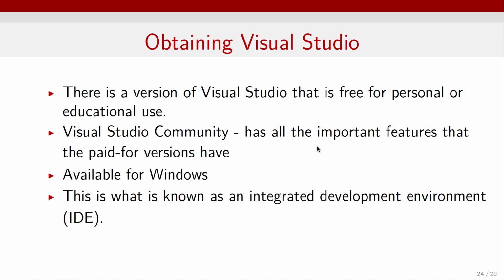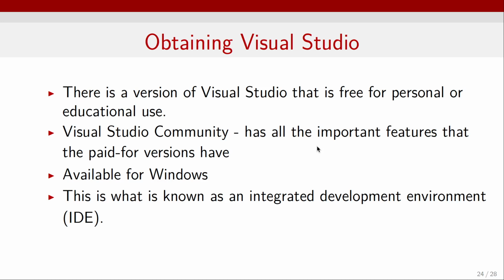And I will finish with a few remarks about C compilers and IDEs. There is a version of Visual Studio that you can use for Windows. It is free for personal or educational use.